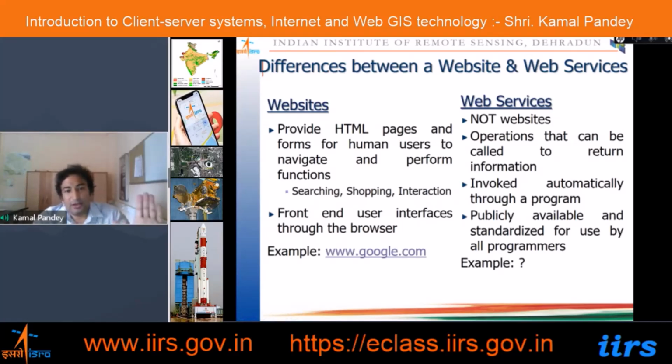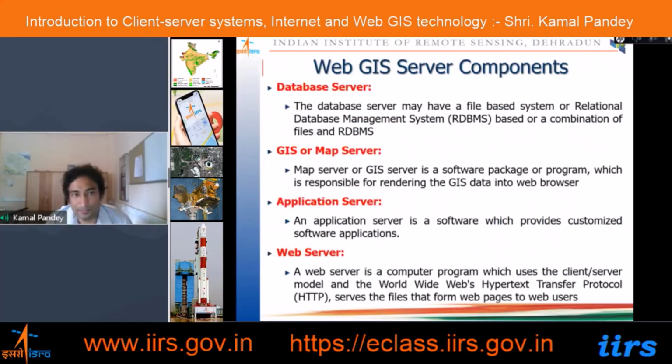Like one application you have developed, like in QGIS, QGIS was making that request. You are not making a request, a software or application is making a request. It can be programmed, basically. They are publicly available and standard, used by all the programmers. There are numerous examples, and I have shown you one example also of the Goan web service.